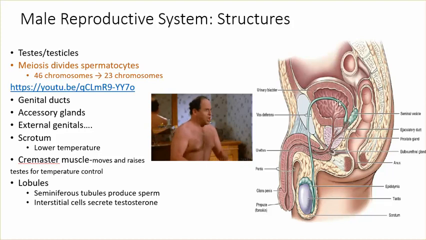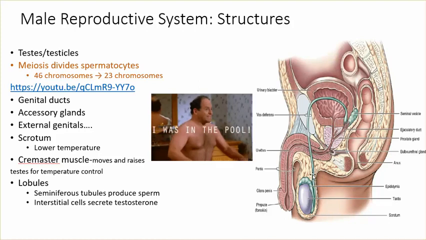over and behind the bladder, where the seminal vesicle and the prostate add nutrients for the sperm. It ends up in the urethra and exits through the penis. There are some other accessory things.